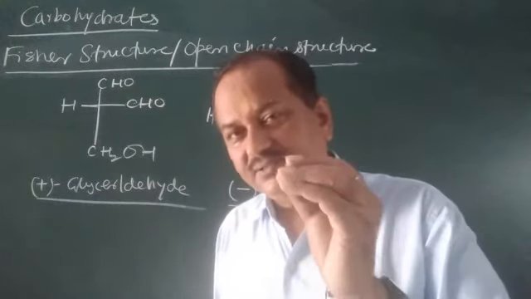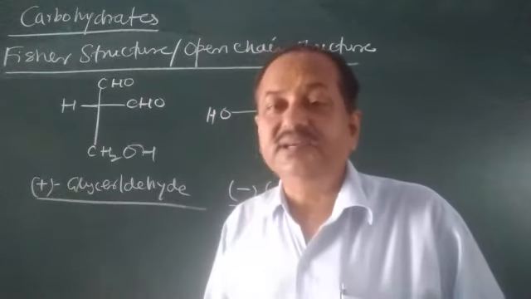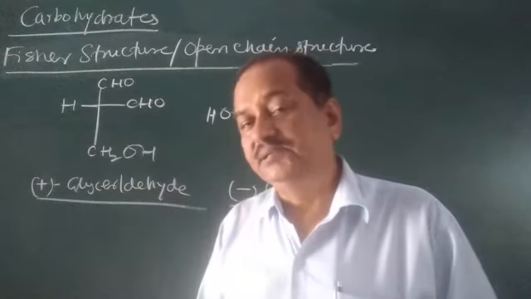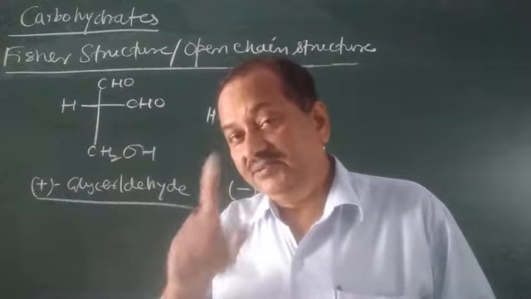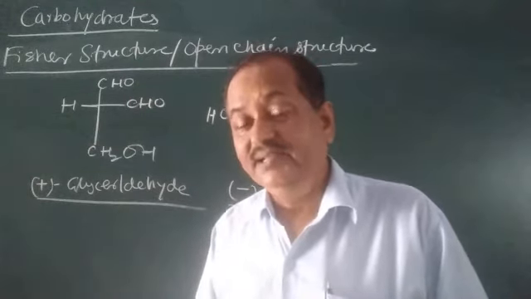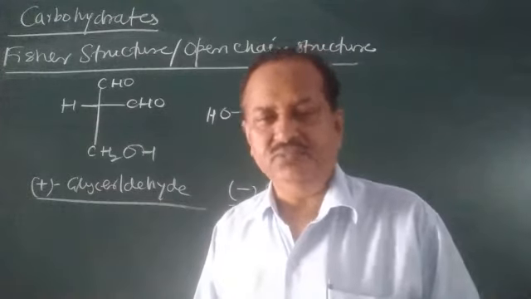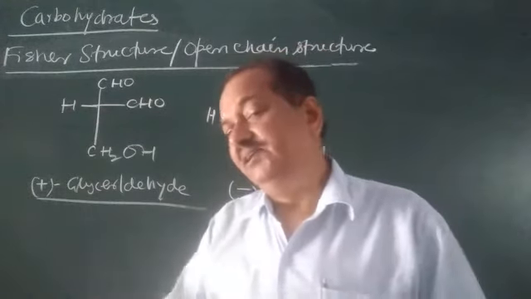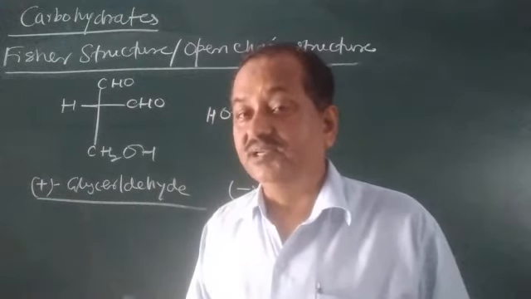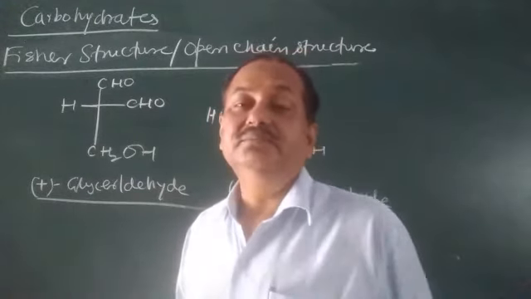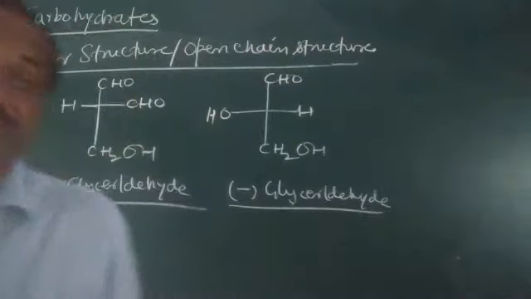What differentiates is the position of the OH. When C4 and C5 have OH on the right side, it is said to be dextro or D-glucose. No doubt dextro rotates toward the right side and levo toward the left side, we say, but it is not the truth. It can be a matter of coincidence. Now, children, reality is something else.